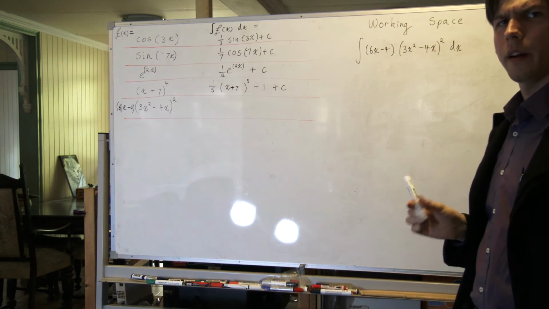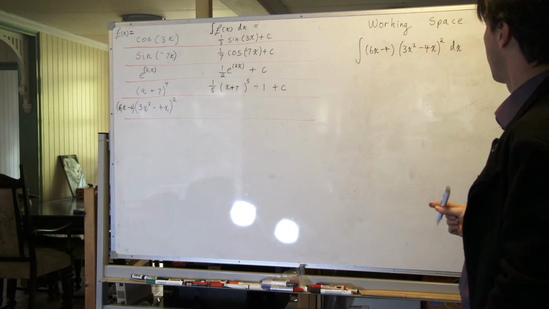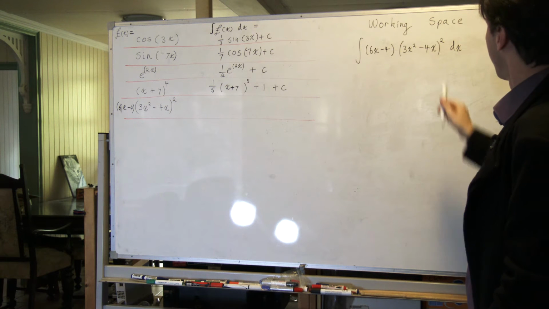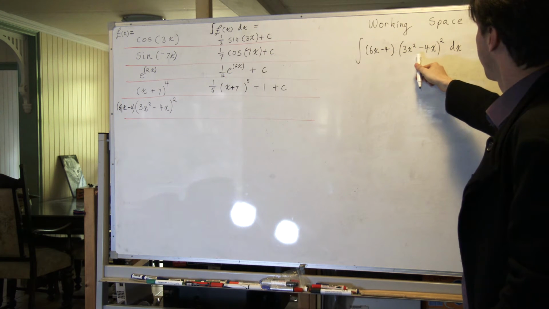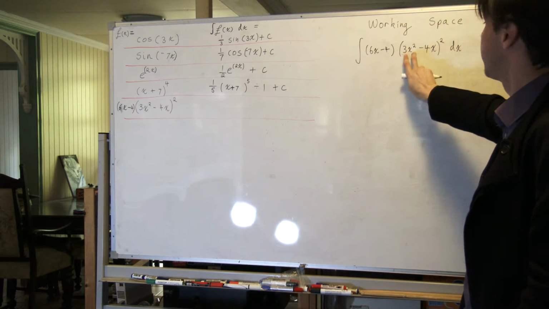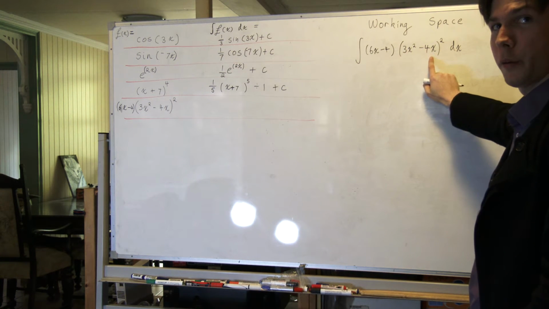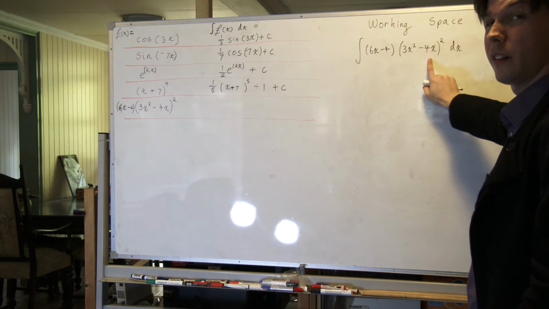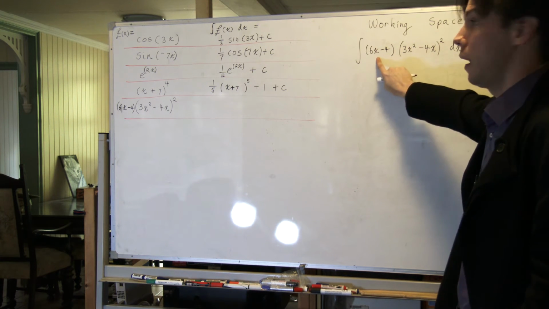So I look here and I say, right, I have two sets of brackets. The second set, its derivative is going to be 6x minus 4. That's why I said I was being lazy. Doesn't matter. And there it is.